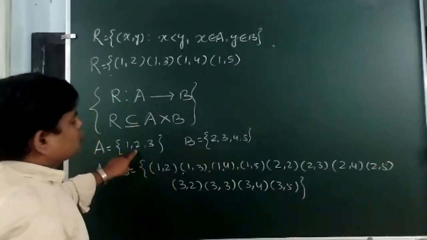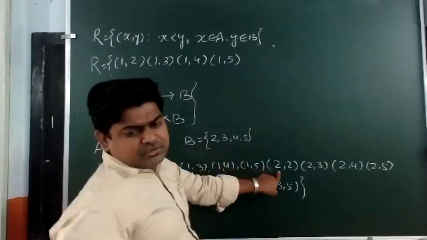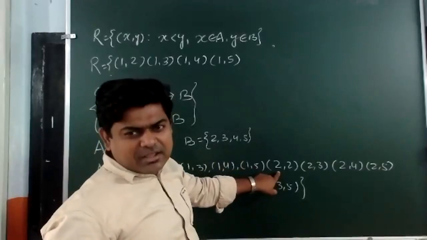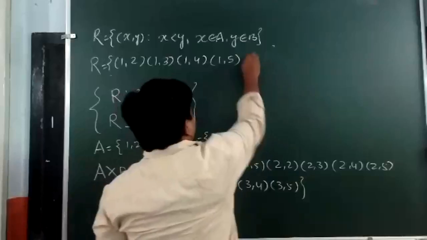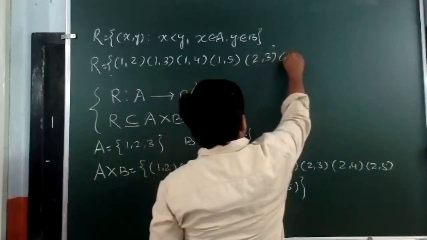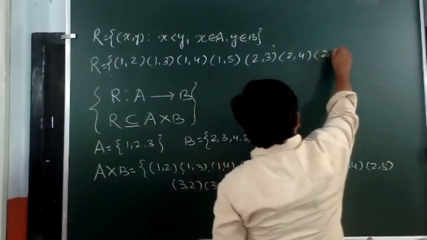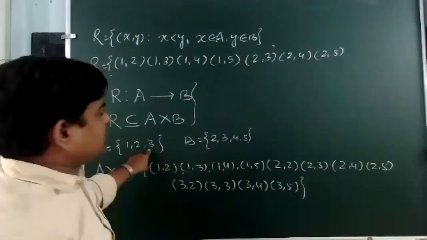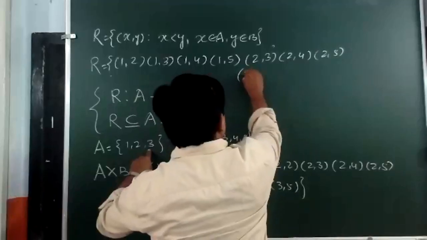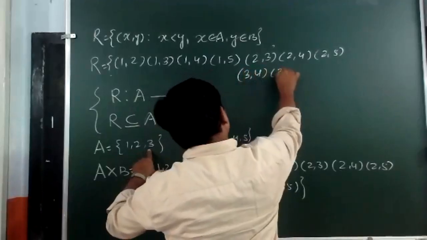If I am taking 2, then (2, 2) will not come because they are equal. What we have written is x is less than y. So I will write here (2, 3), (2, 4) and (2, 5). When I take 3 as x, it would be (3, 4) and (3, 5).